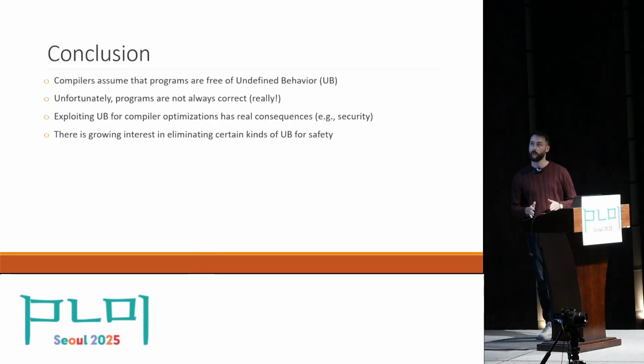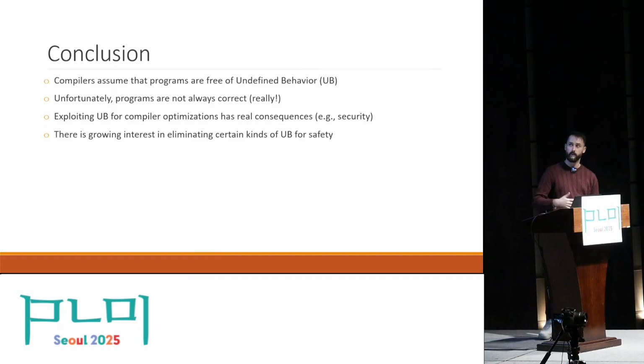So to conclude, we saw in the beginning that compilers assume that programs do not contain undefined behavior. And as you may already know, and as we've seen in the Linux kernel example, that's not true all the time. So exploiting UB for compiler optimizations creates security vulnerabilities.